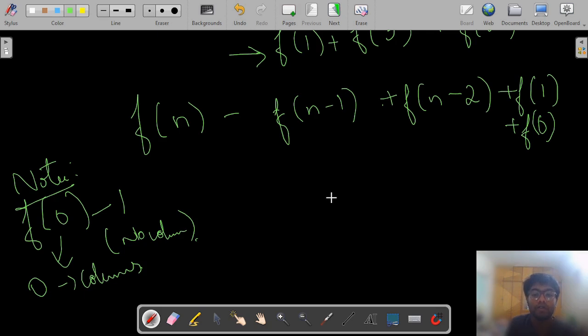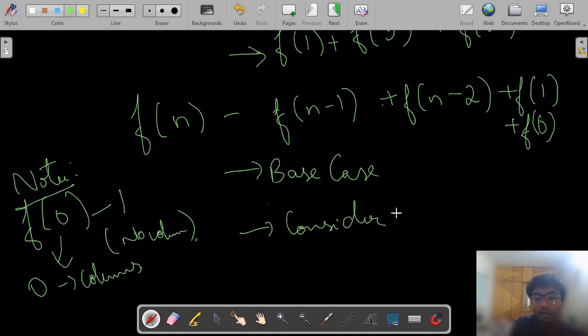We also need to have a case for Tromino. These would be a set of base cases, and we also need to consider Trominos to also take up some values.